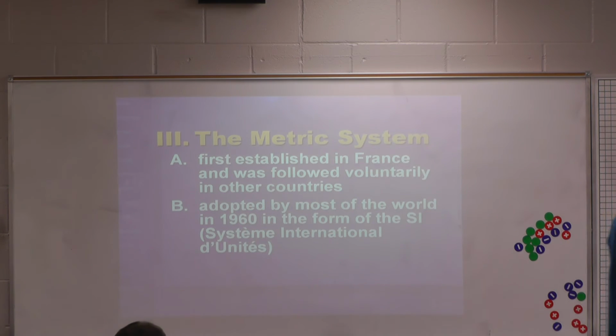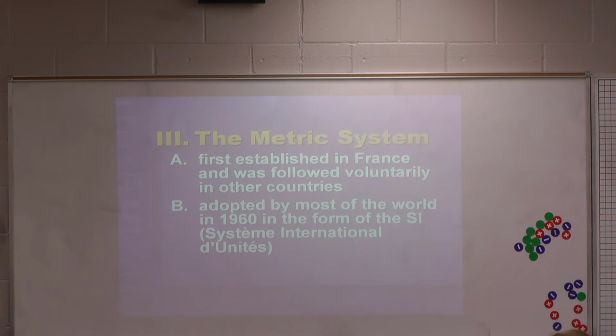It's very easy to calculate. I can move a decimal. Versus if I'm trying to do inches and feet, I can't just simply move the decimal and get from inches to feet. But if I want to get from centimeters to meters, I can just move a decimal. There are 100 centimeters in a meter.